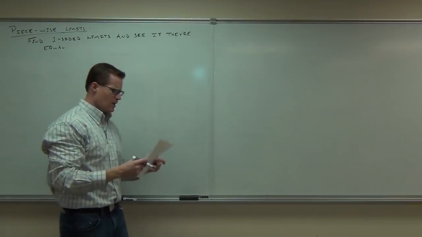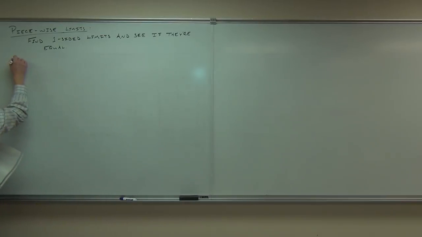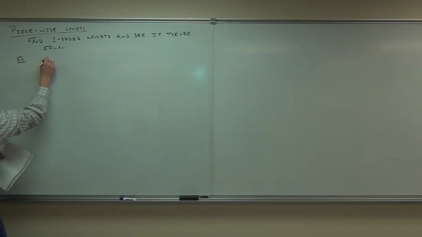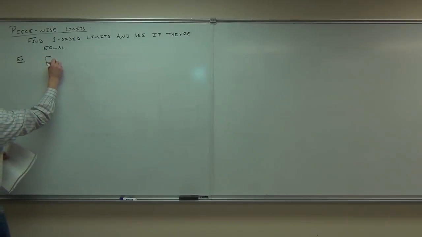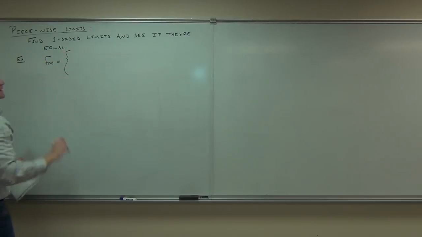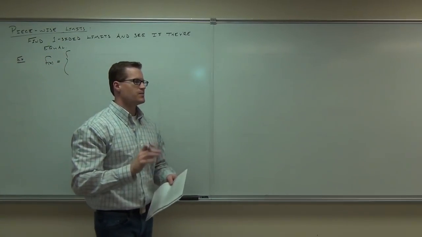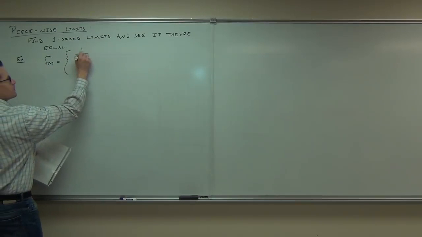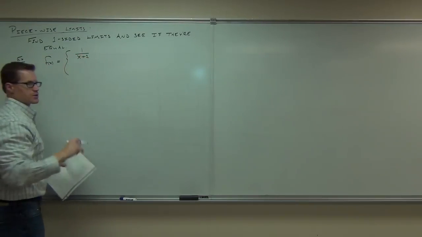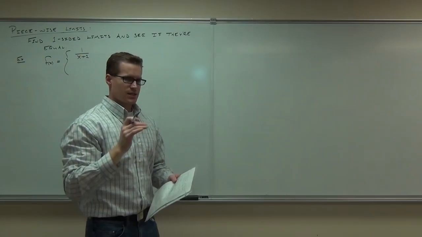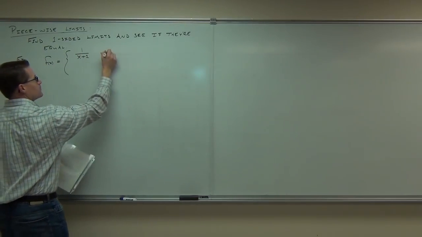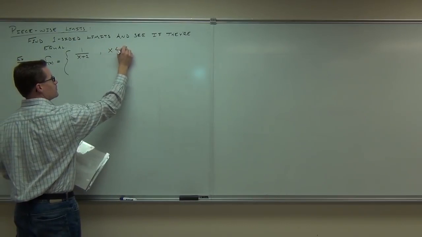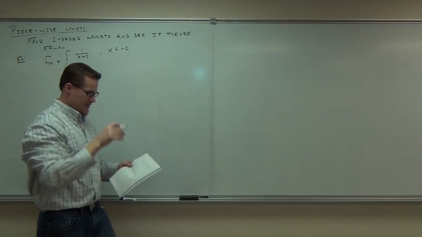Let's start with an example. Let's say that I give you this. I say that your function is actually made up of 3 parts. The first part says you're going to do 1 over x plus 2 if x is less than negative 2. I say you have a different range.